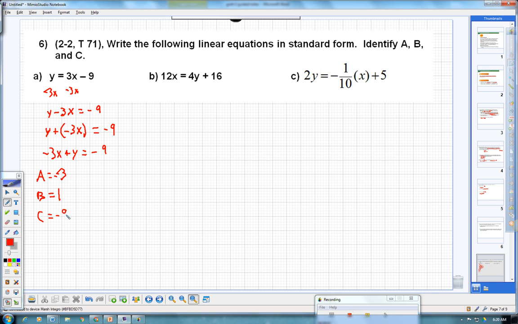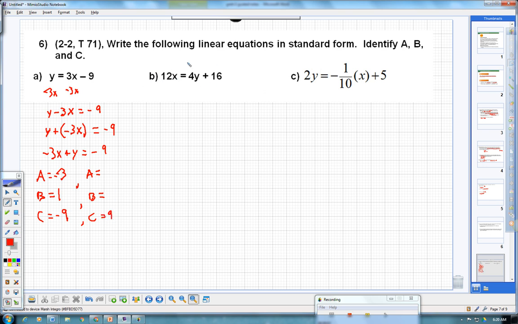You could have also had a equals 3, b equals negative 1, and c equals 9. That would also be a correct answer.